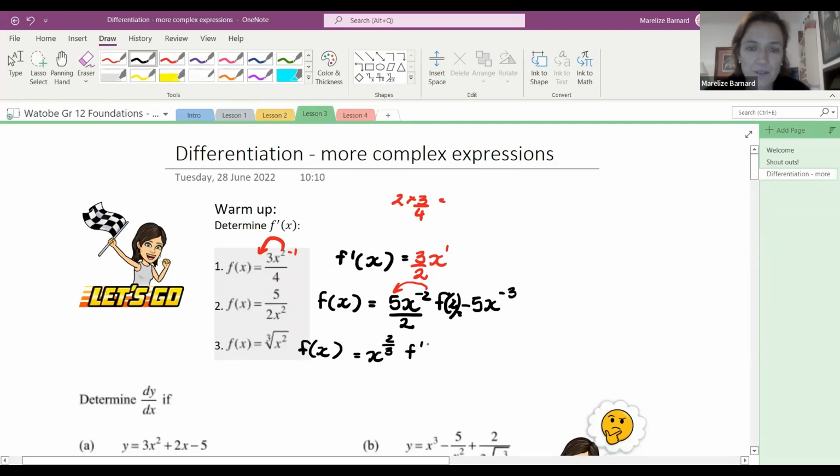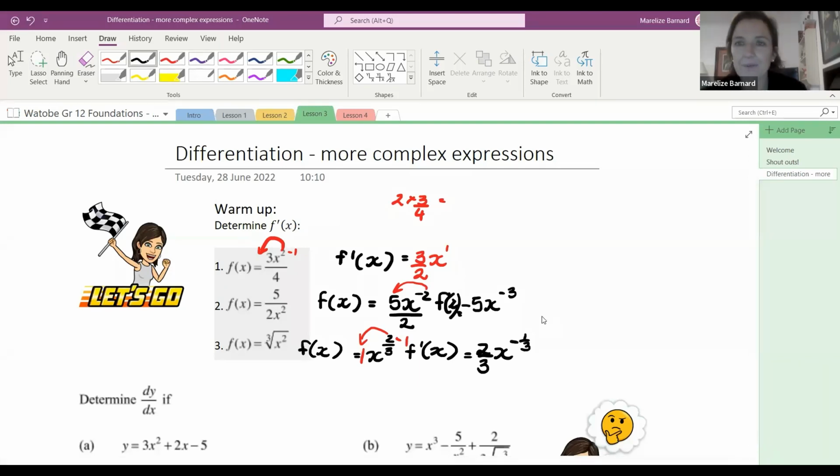So f dash x, or the derivative now, we're going to take the 2/3 times it by the 1 that is in front of the x and subtract a 1 from the 2/3. That's going to give us 2/3x, and subtracting 1 from 2/3, I just get my calculator here so that I don't make a mistake, that gives me -1/3. There we go.